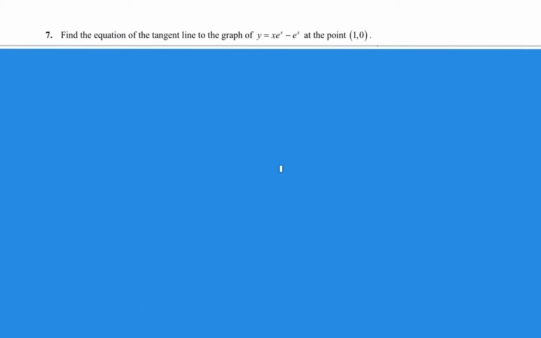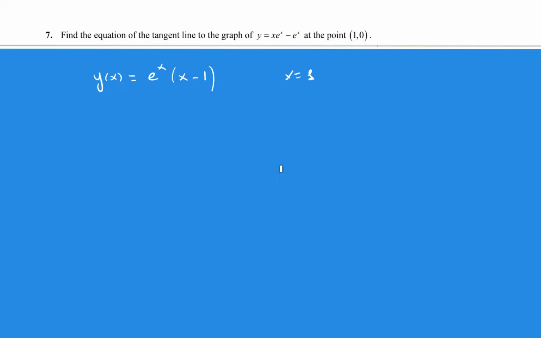So in this problem you have a function y equal to x multiplied by e to the x minus e to the x. So the function y of x is the function e to the x multiplied by x minus 1. And for sure, it will have a slope at x equal 1.